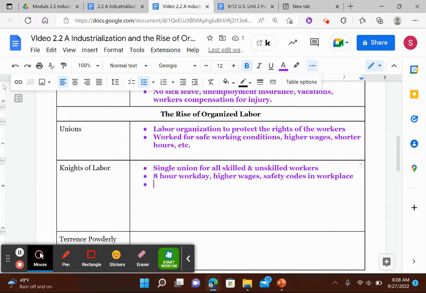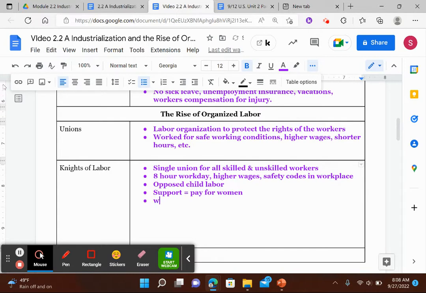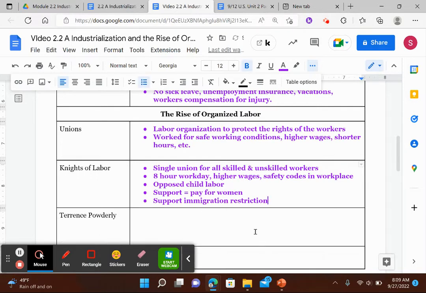Let's see, opposed child labor, supported equal pay for women, and supported immigration restrictions because they wanted to keep the jobs for Americans, not for immigrants, because immigrants worked for less money.